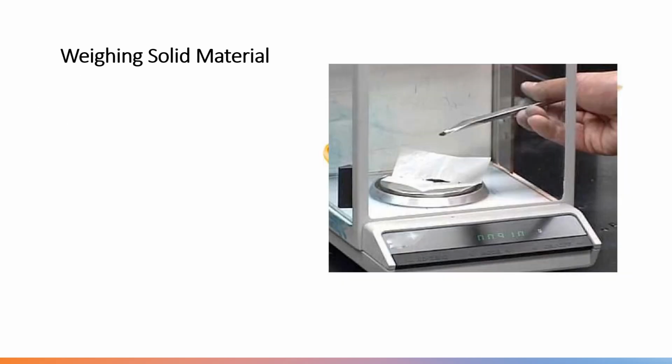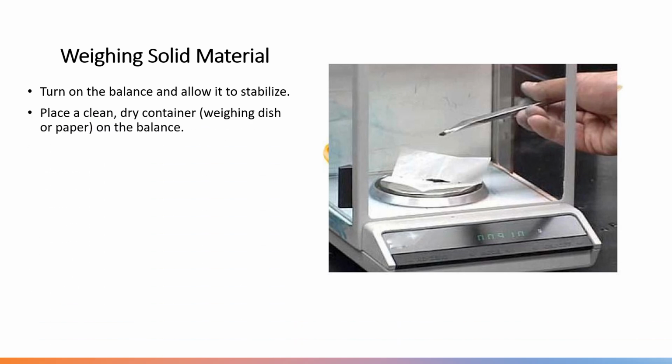So now here we will discuss the weighing practices, that is how to weigh solid materials, right? So first turn on the balance and allow it to stabilize. Then place a clean dry container, that is a weighing dish, called weighing board or butter paper, on the balance.